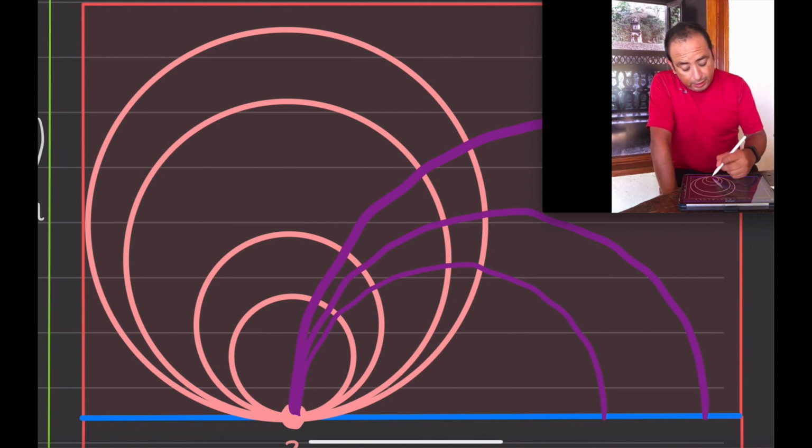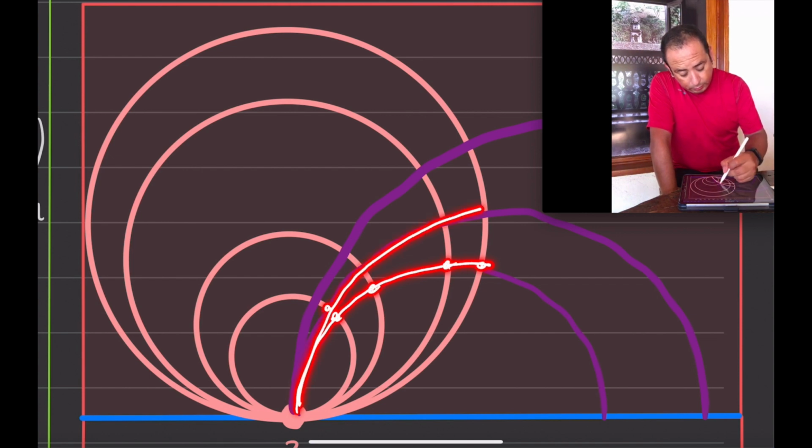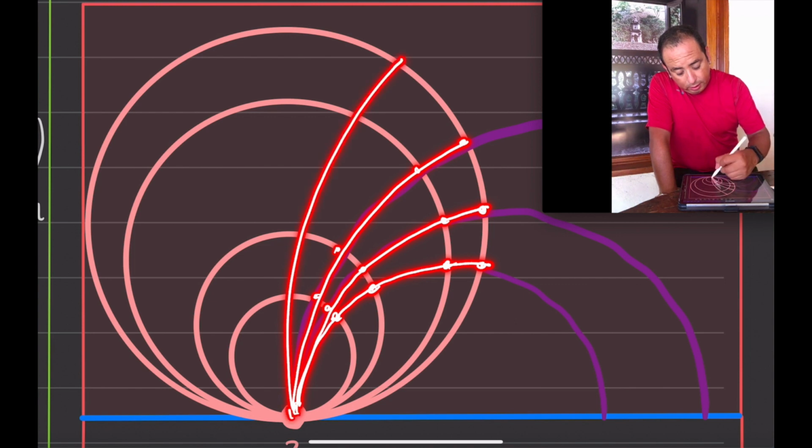So this means that somehow the first iteration of the points goes here. These are the images of the original points under the first iteration. And then under the second iteration, they go here, right? And that's how the whole behavior goes.